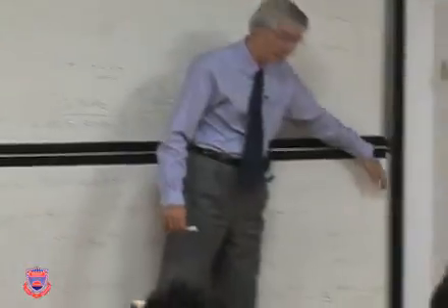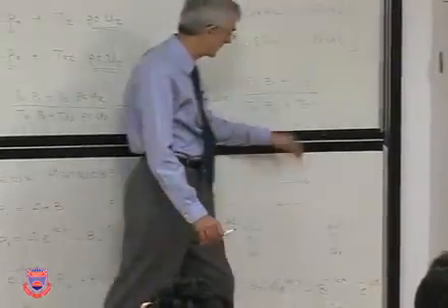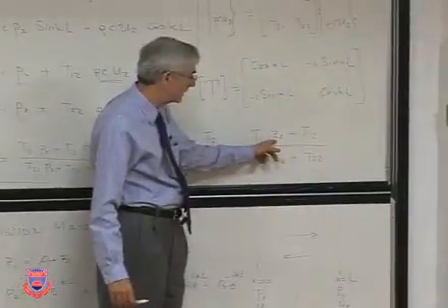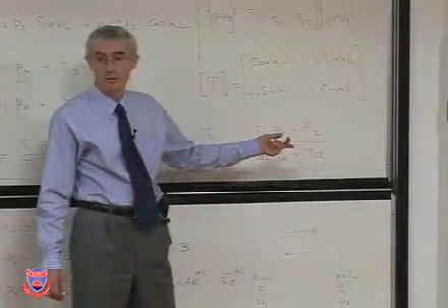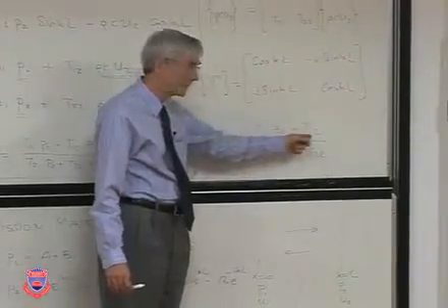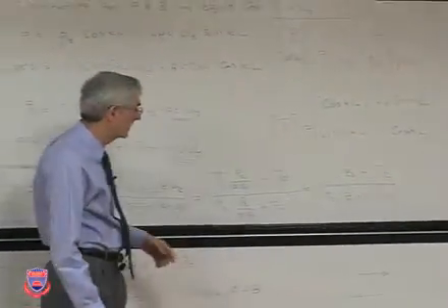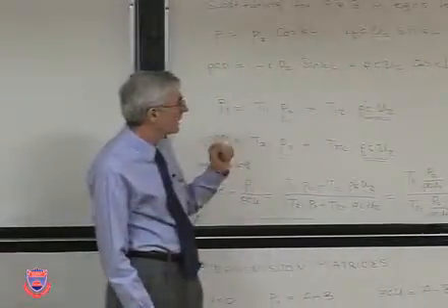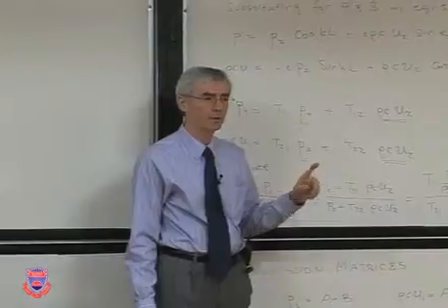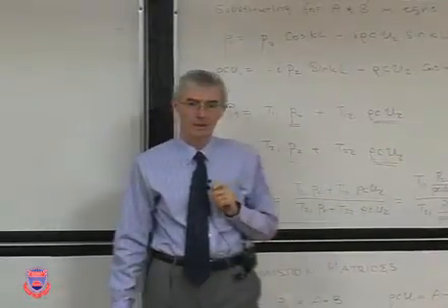If you have just outgoing waves from XL forward, then Z2 will be equal to 1. And you end up with T11, T12 divided by T21 and T22. Now, what is the determinant of the transmission matrix in this case?